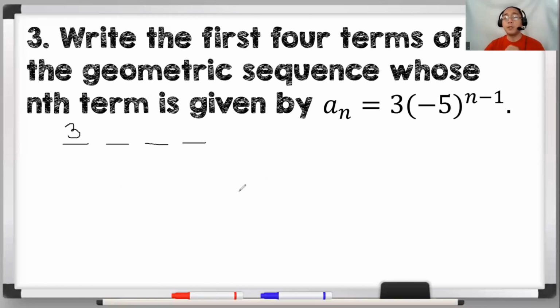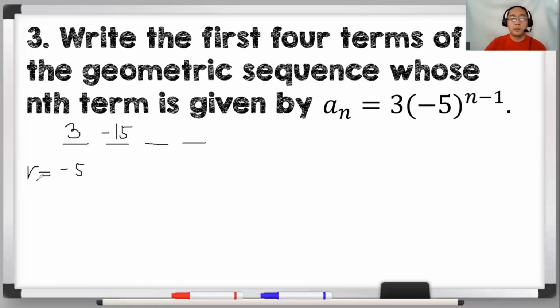I will be showing you 2 possible solutions here. For example, I will be using only the common ratio. So directly, if you multiply now the common ratio to the first term, this results to negative 15.